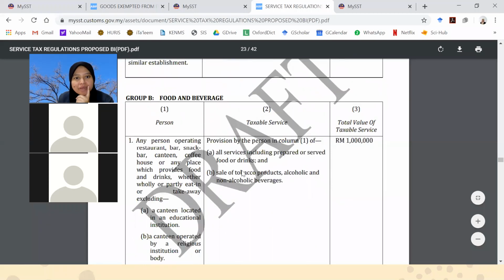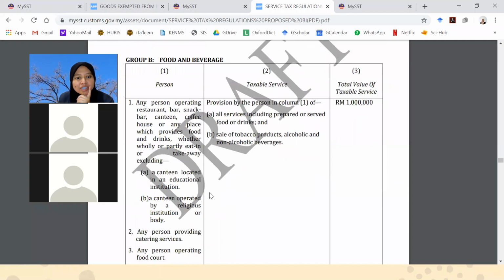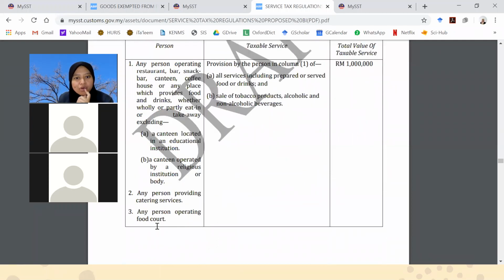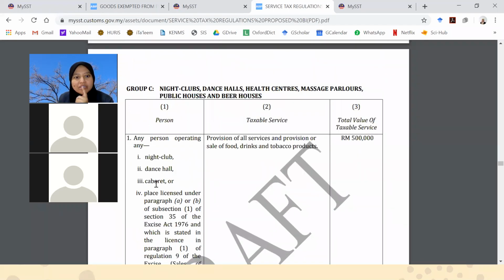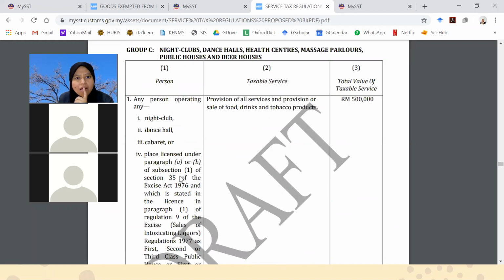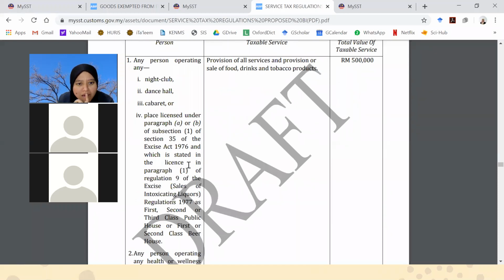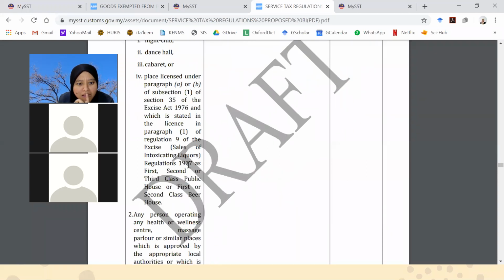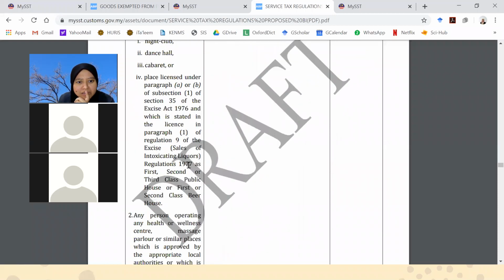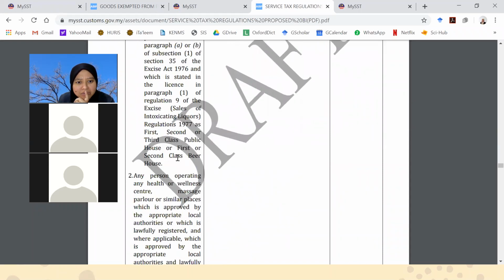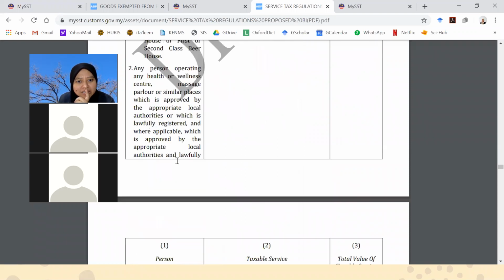Group B for food and beverage: restaurant, bar, snack bar, canteen, coffee house, catering service, and also food court. Then Group C, you have nightclub, dance hall, cabaret, beer house, and then health or wellness center, massage parlor.